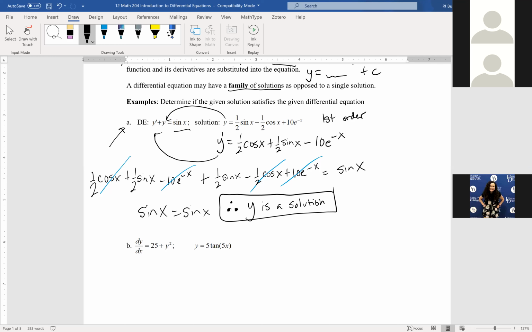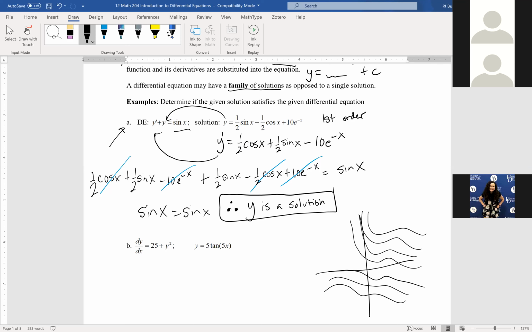And if we had much more time to cover the topic, we would learn that the family of solutions, you get this plot, and it's called a vector field. So you get all these curves that look something like this. And so all of these would be a solution to a differential equation.